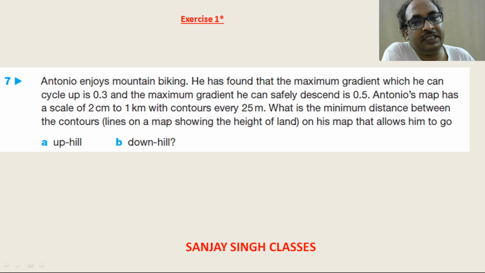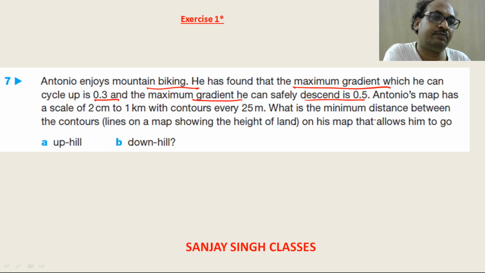See here, question is given, Antonio enjoys mountain biking. He has found that the maximum gradient which he can cycle up is 0.3 and the maximum gradient he can safely descend is 0.5. Now, Antonio's map has a scale of 2 centimeter to 1 kilometer.